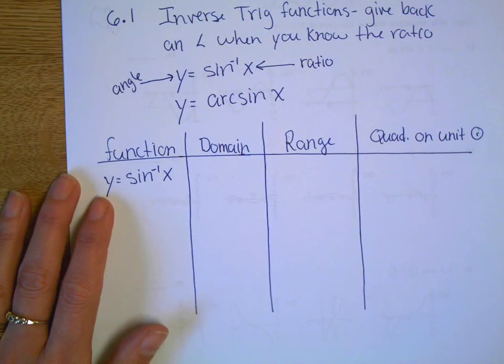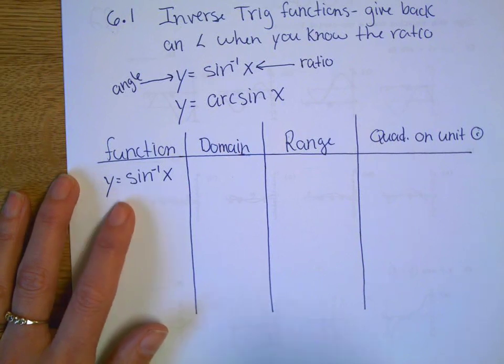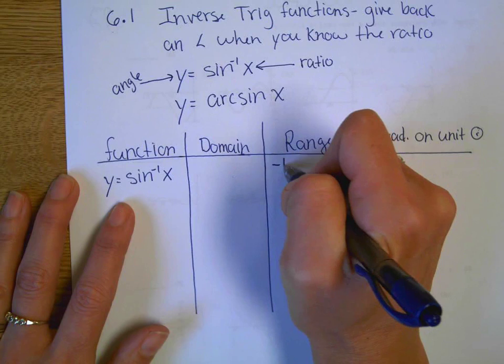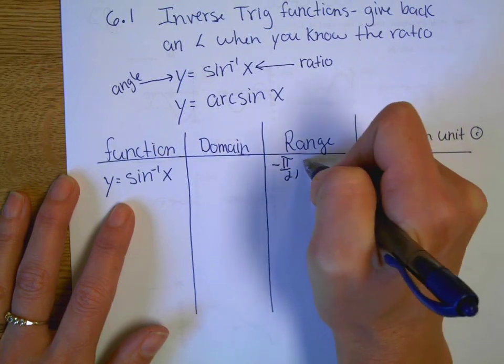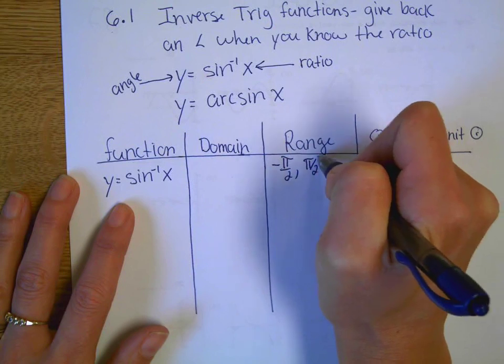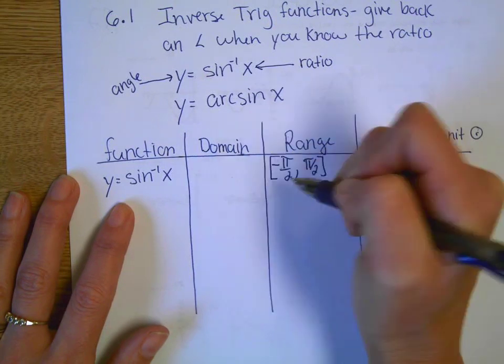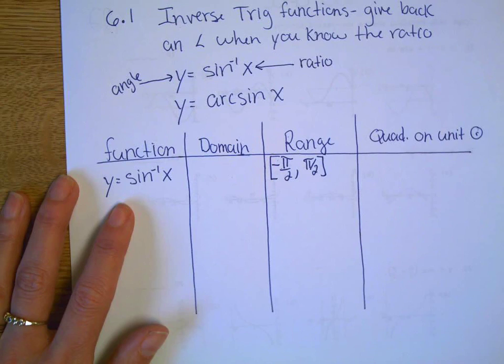So the range for the inverse sine function only goes from negative pi over 2 to pi over 2. So I'm giving it to you in radians. What's pi over 2 in degrees? Do you have your circle sheet? Where is pi over 2? 90. So where's negative pi over 2 going to be?